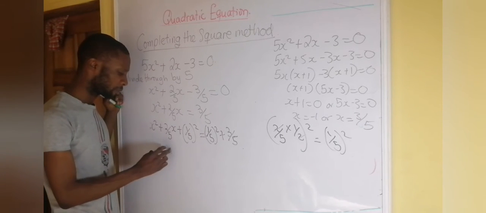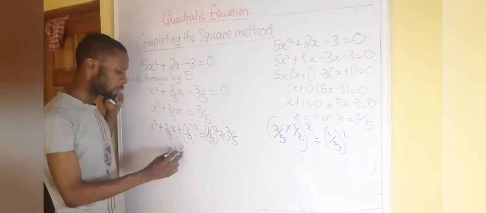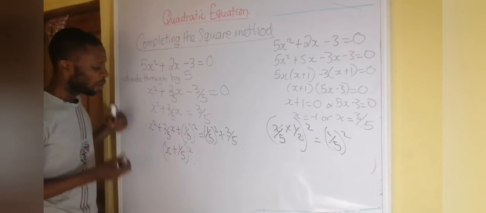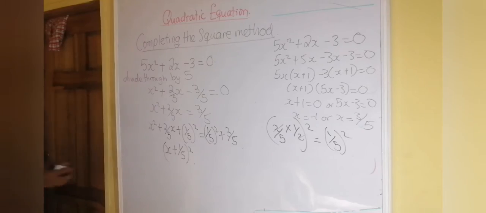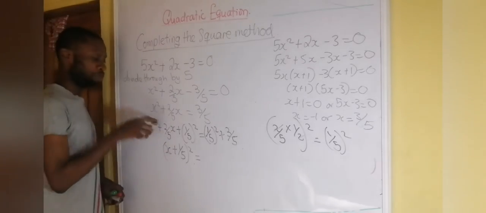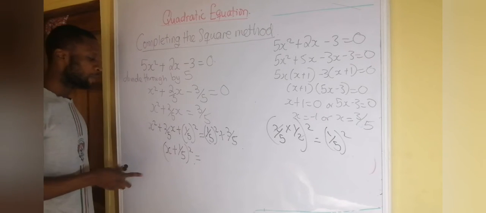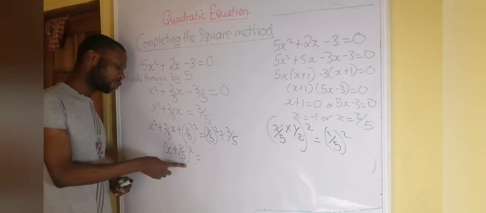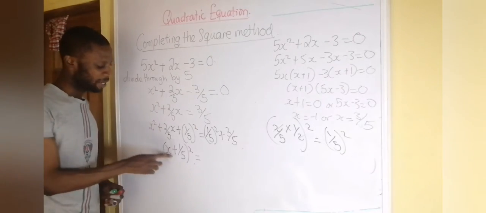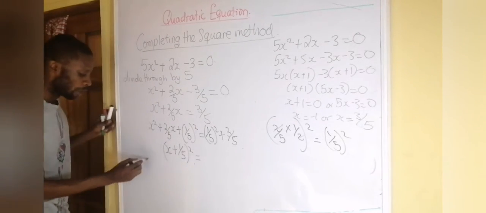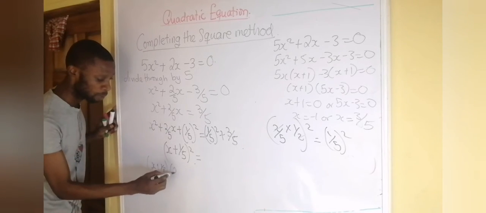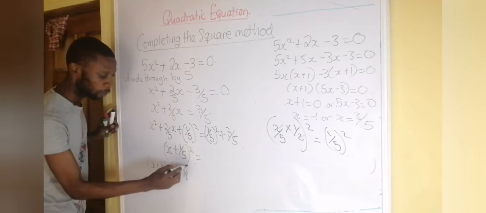So we have x plus 1 over 5 all squared. Why did I do that? Because if I try to expand this, I'm going to get this back. Just watch. x plus 1 over 5 squared means x plus 1 over 5 times x plus 1 over 5.